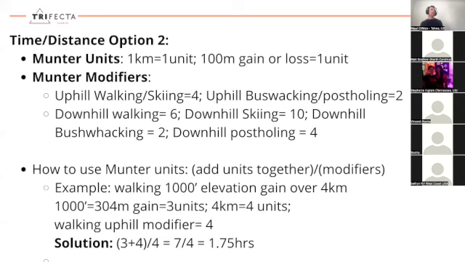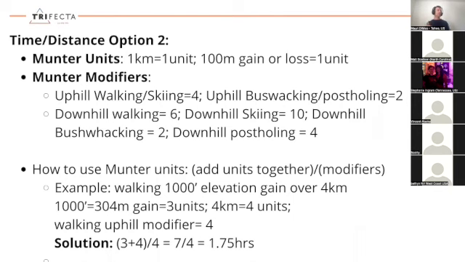So for Munter units, 1 kilometer is 1 unit, 100 meters of gain is 1 unit, and 100 meters of loss is 1 unit. For your modifiers, you have the different ones annotated here on the screen. Those modifiers, you're going to divide from the Munter units.